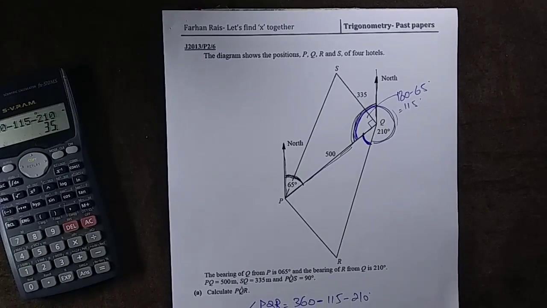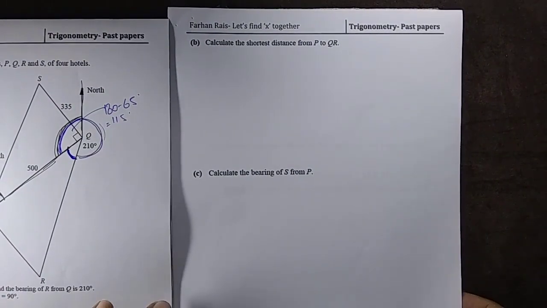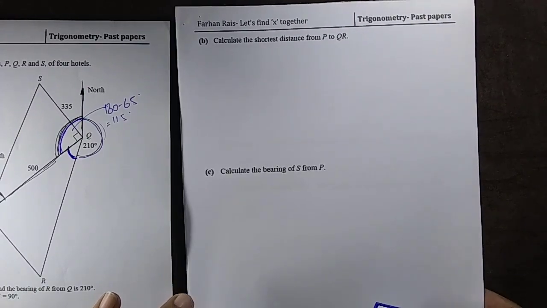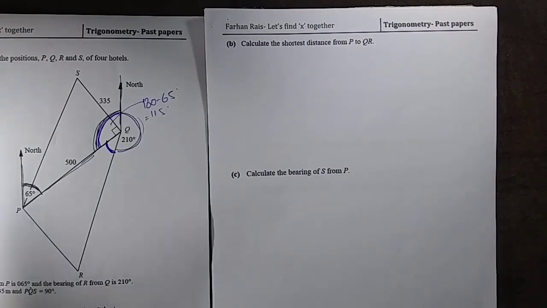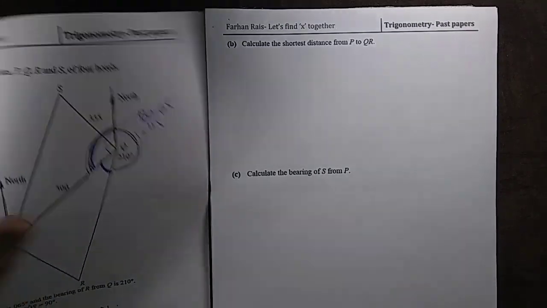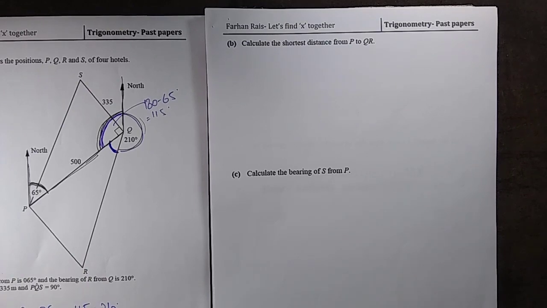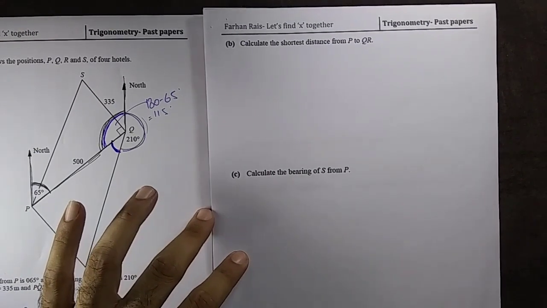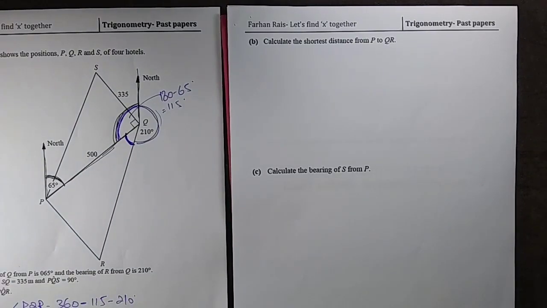In the next part, we are asked to find the shortest distance from P to QR. Now to find the shortest distance from P to QR, we have to refer to the main figure.